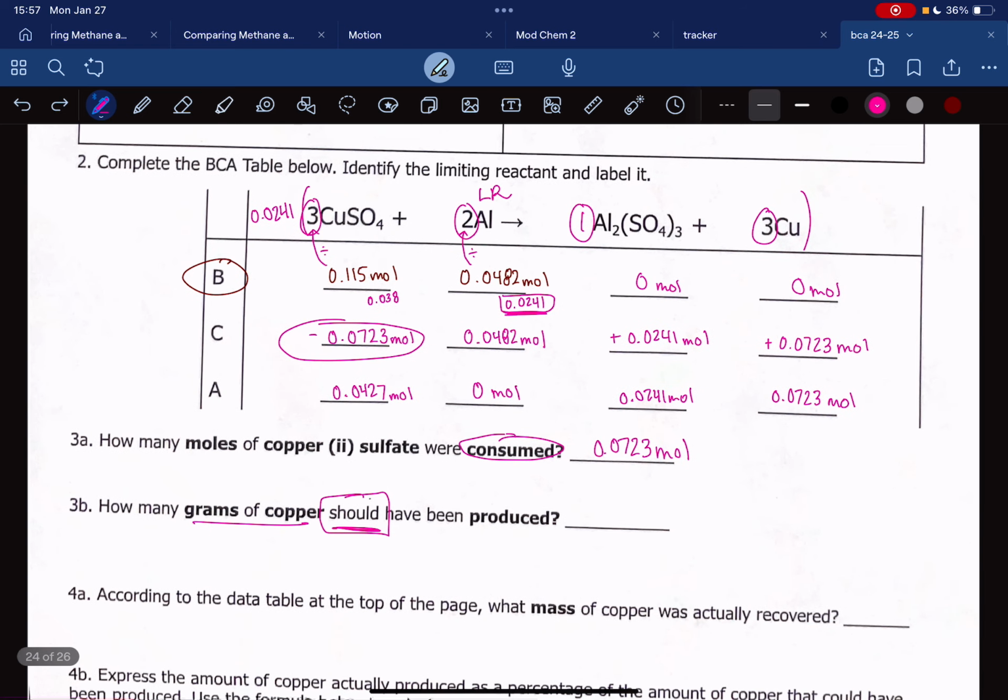All right, and so our answer here is 0.0723 moles. Wait a minute, this is asking for grams. So that's actually not the answer. This is an important first step. We have to recognize that this quantity is the right amount of copper, but it's in the wrong unit.